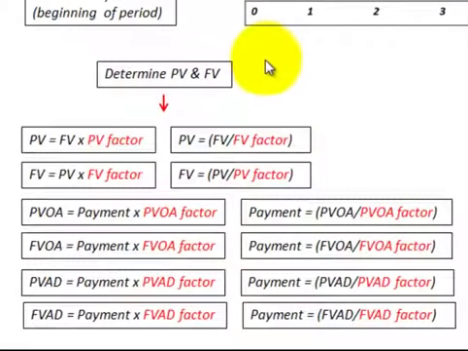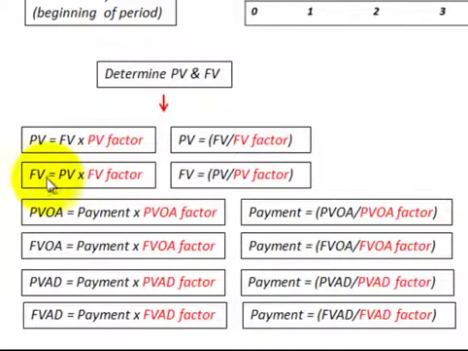Now let's go down here and look at our formulas. This is how we use these discount factors. Say, for example, we want to determine the present value, we know the future value, and then we take it times the present value factor. Now we can manipulate these equations, where the present value equals the future value divided by the future value factor.